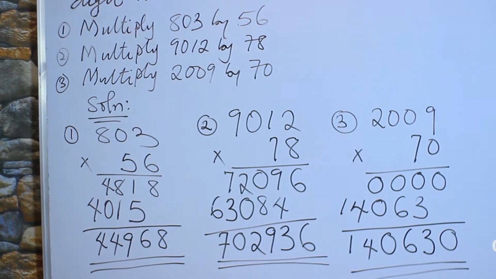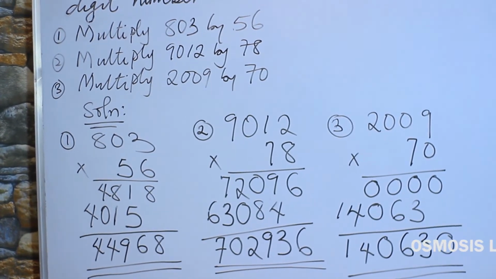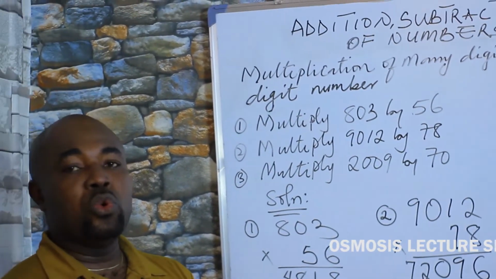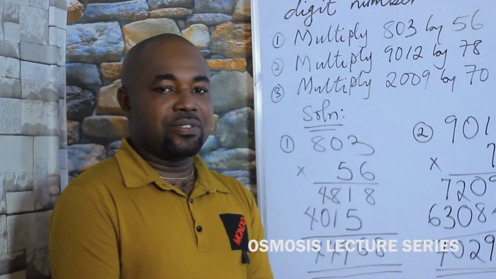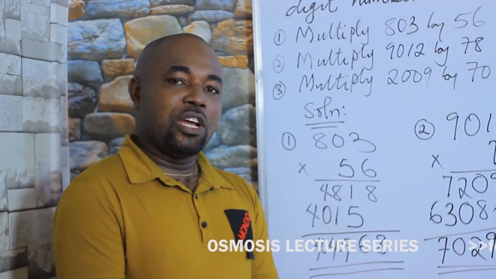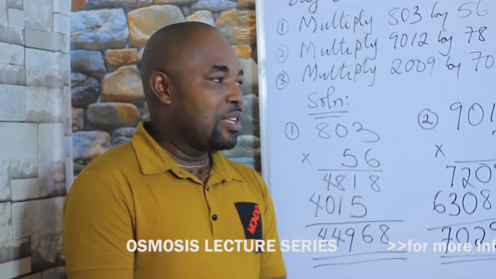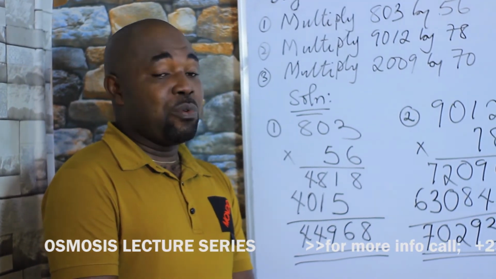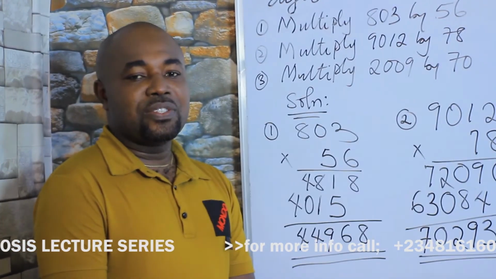So we have looked at addition of numbers, subtraction of numbers, and this is multiplication of numbers. But we shall move further to look at multiplication of numbers with signs. So you pause, you write down this so that I will teach you multiplication of numbers with signs.